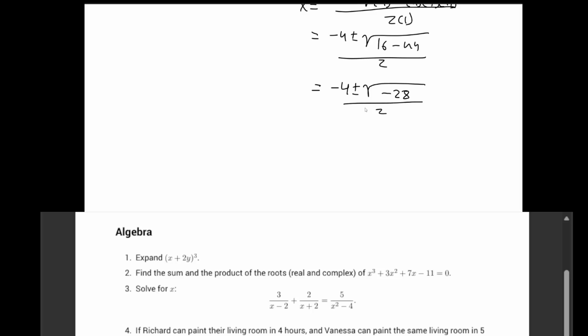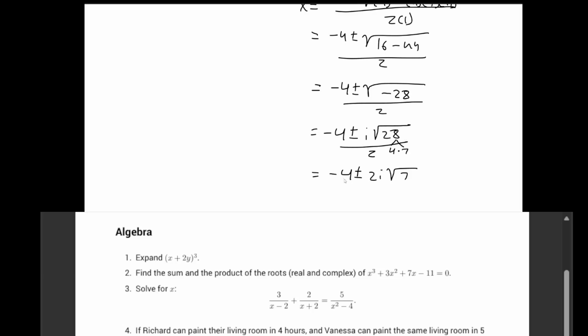Of course, complex solution, imaginary solution, so this will be negative 4 plus or minus i square root of 28, over 2. You can, again, simplify this radical here into negative 4 plus, and then this would be 2i root 7, right, because this is 4 times 7.